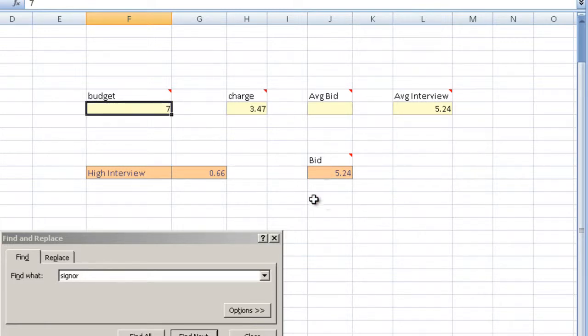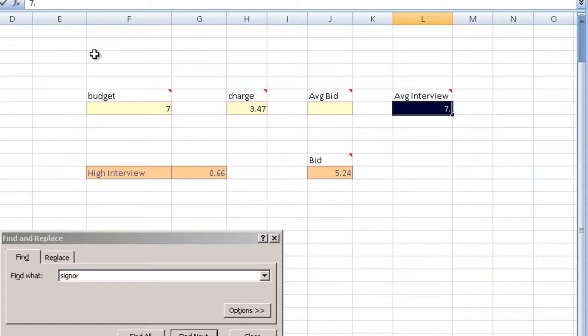If they were interviewing at a higher rate, say higher than the actual budget, because sometimes clients will actually interview at higher than the budget amount because maybe they originally had a price in mind, but after they saw the bids coming in, maybe they figured that it was an unrealistic price, or that they saw some very good contractors who charged more than they expected, and so they changed their mind and they're willing to interview at a higher amount.